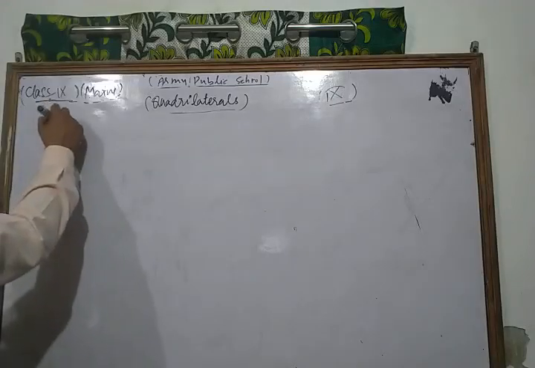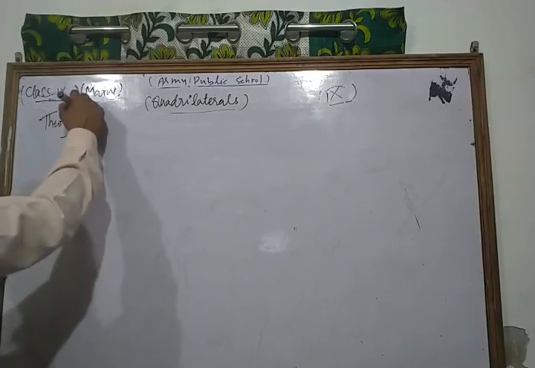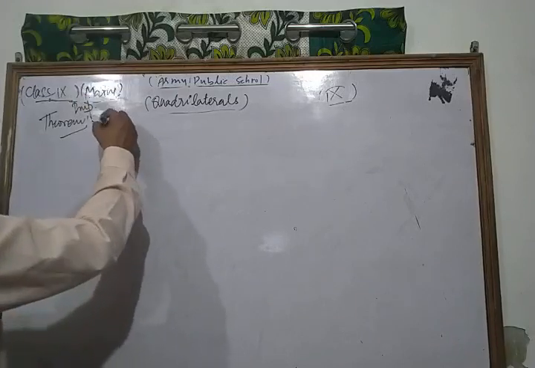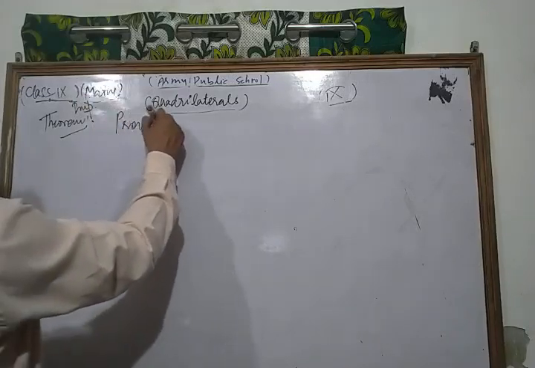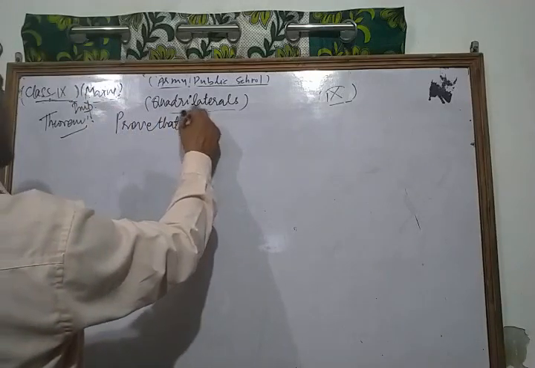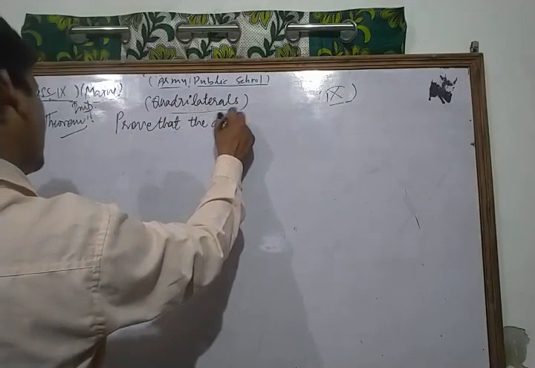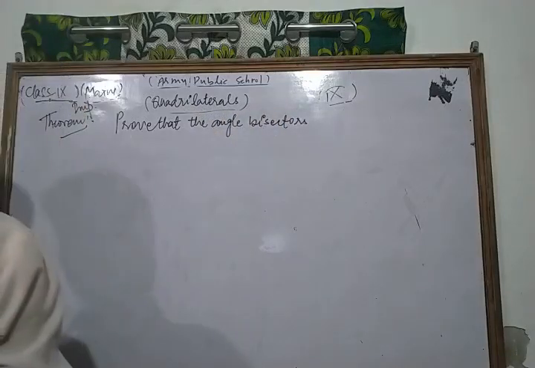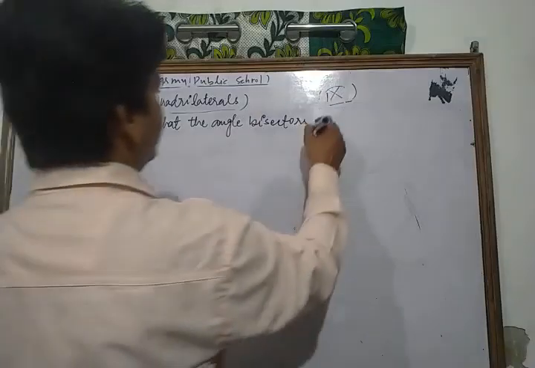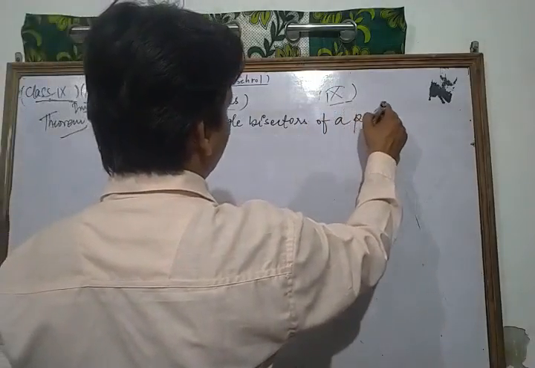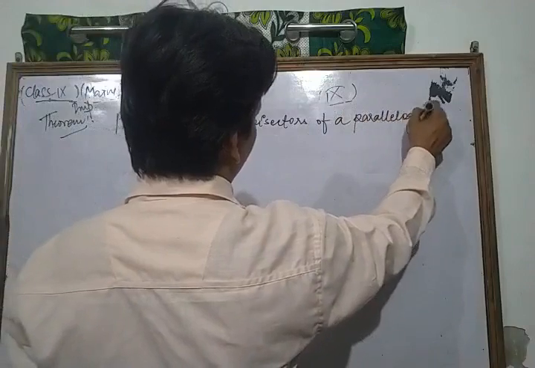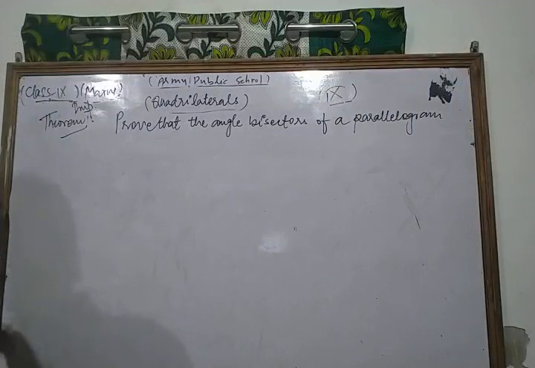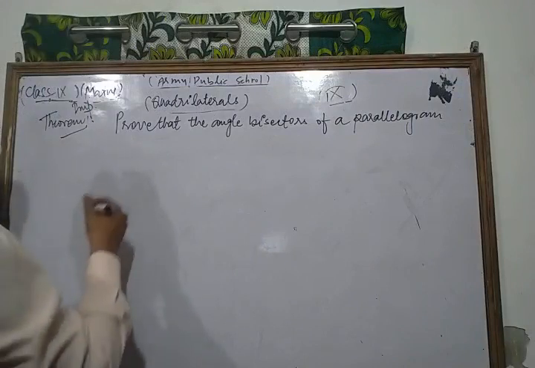Your next theorem is very important: prove that the angle bisectors of a parallelogram form a rectangle.